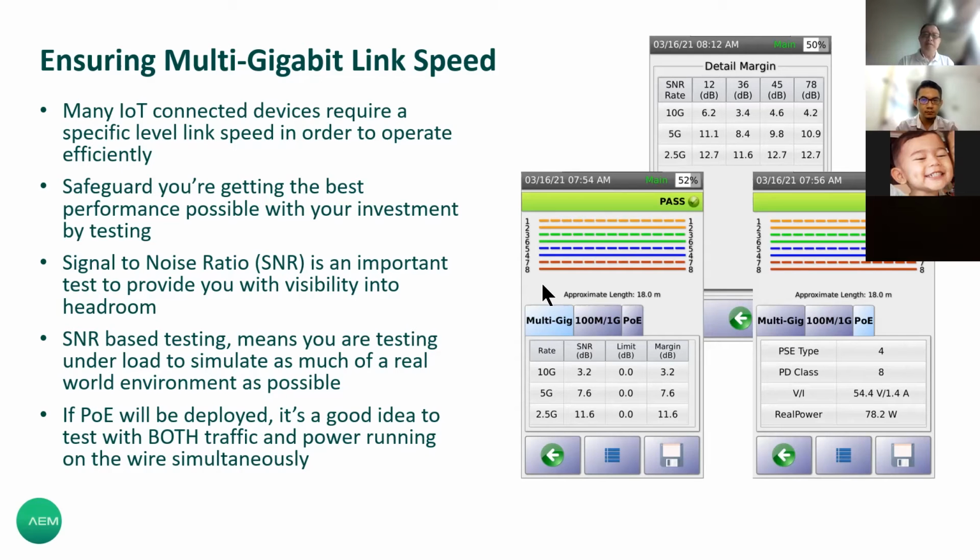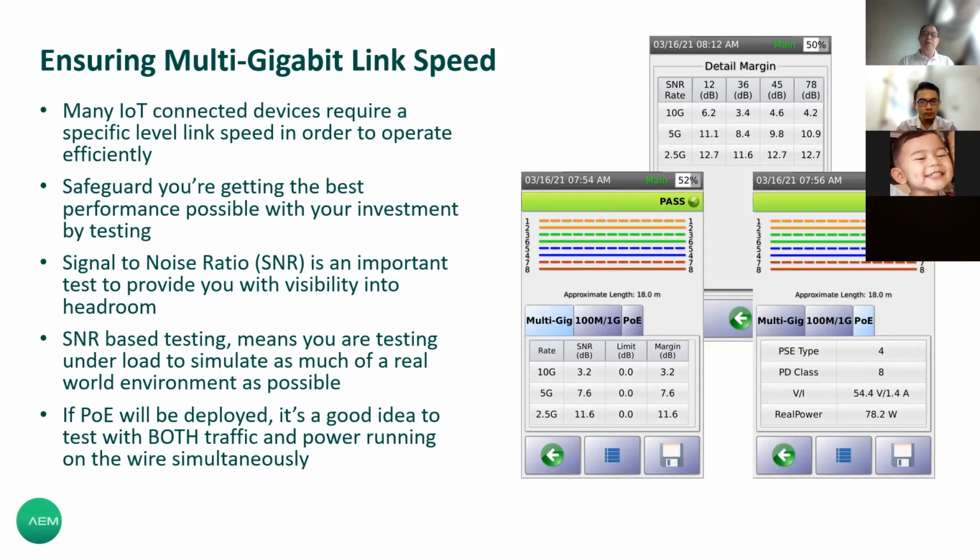SNR stands for signal-to-noise ratio. It measures the quality of a signal versus noise. If your signal is higher than the noise, you get a very positive value. For example, on the tester display, for 10 gig I get a 3.2 dB margin for the signal-to-noise ratio, which is very good.